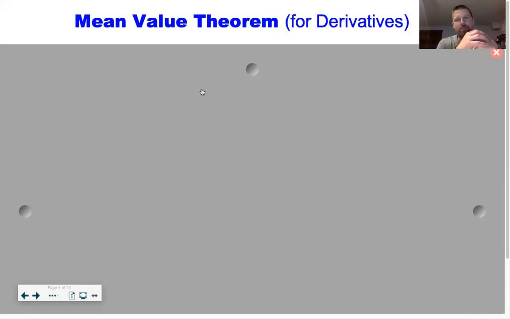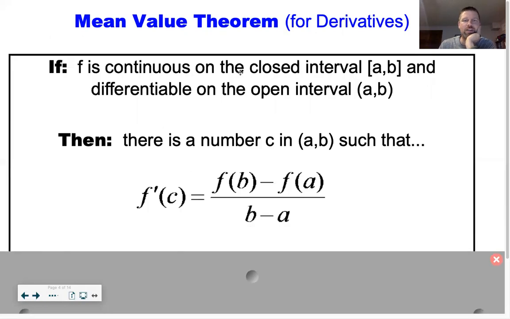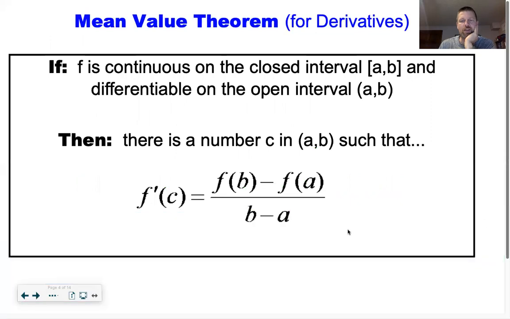Mean value theorem. If f is continuous on a closed interval and differentiable on the open interval, there is a number c in that interval such that f prime of c equals f of b minus f of a all over b minus a. You might recall this literally comes from the slope formula.